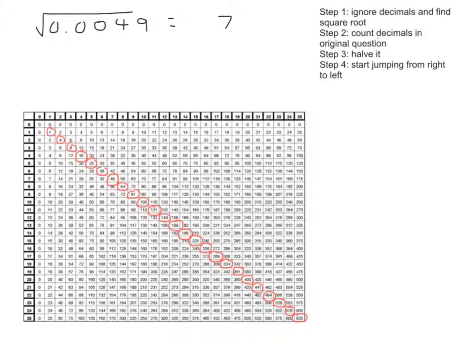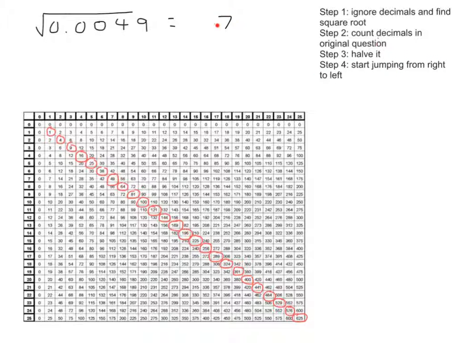Okay, so we've done step 1. Step 2 is count the decimals in the original question. So here we have 1, 2, 3, 4. So we have 4 decimals. Step 3 is halve it. So half of 4 is 2. Step 4, start jumping from right to left.